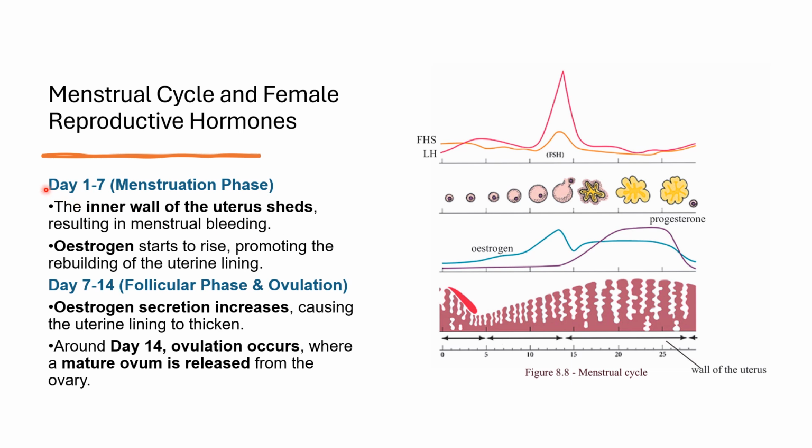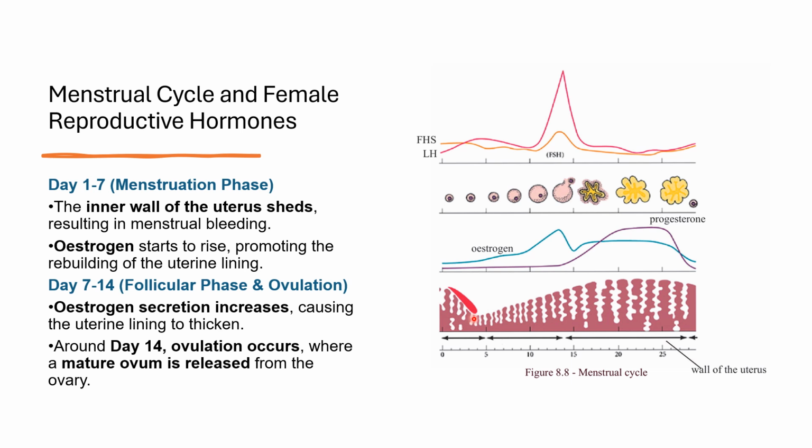So day 1 to day 7 is known as the menstruation phase, that is when menstruation happens. So here you can see the menstruation phase. During this phase, the inner wall of the uterus starts shedding, resulting in menstrual bleeding. So this inner wall of the uterus comes out of the body through the vaginal canal as menstrual bleeding.